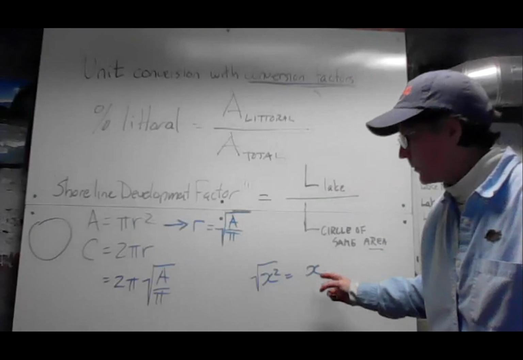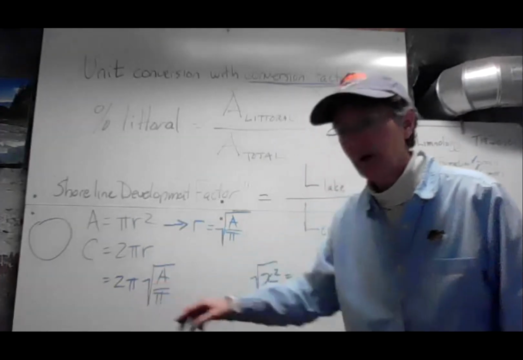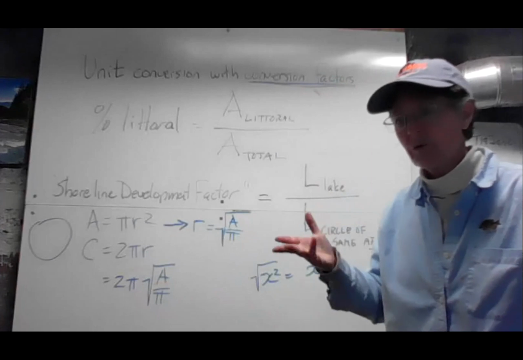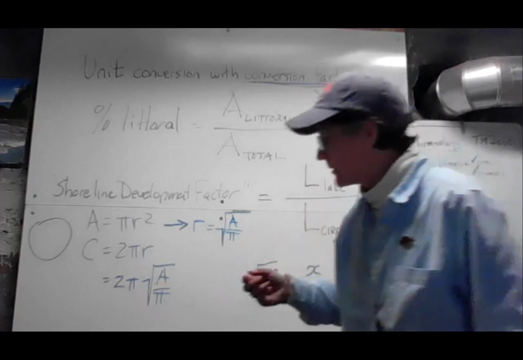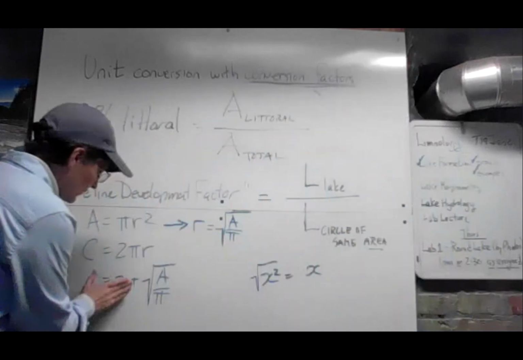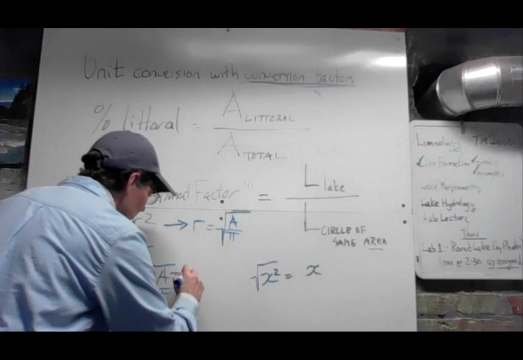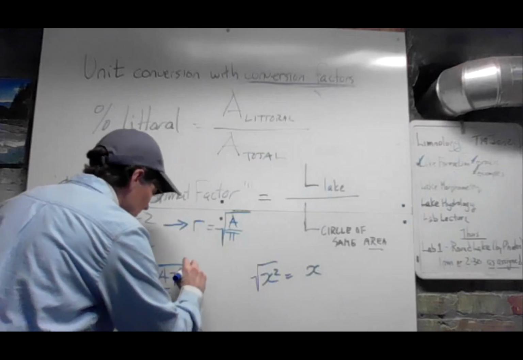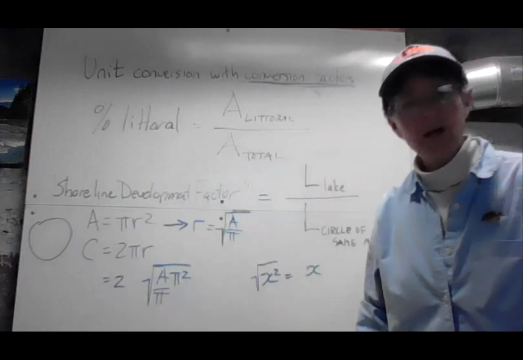So we could put the pi in here if we replace pi with the square root of pi squared. So I'm going to move this in here to make this pi squared. And then that's just a whole lot simpler.